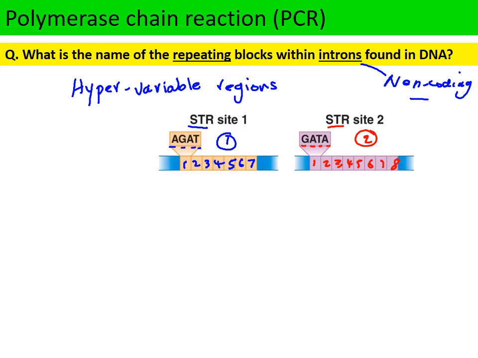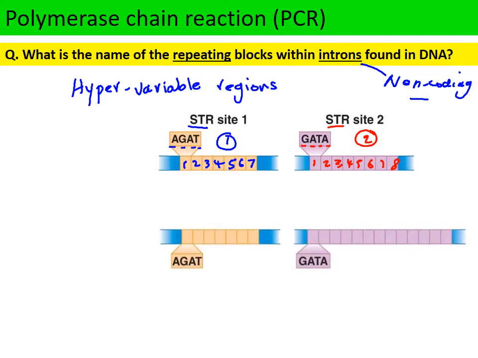So let's have a look at the second individual, and this is their DNA. So if we look at hypervariable region 1 from the second individual, we know it's AGAT, it's a short tandem repeat. Here we've got 7 of these AGATs repeated. So it's actually the same as the first individual.